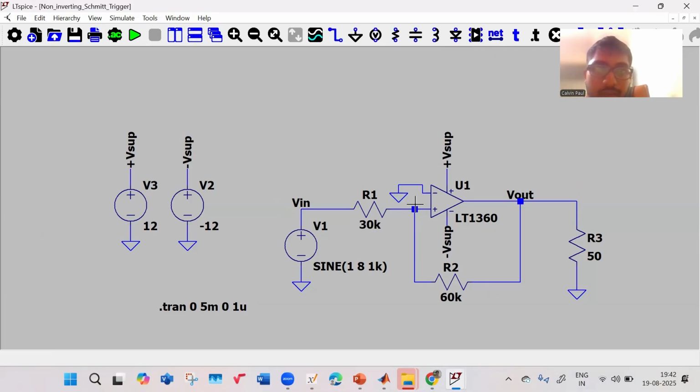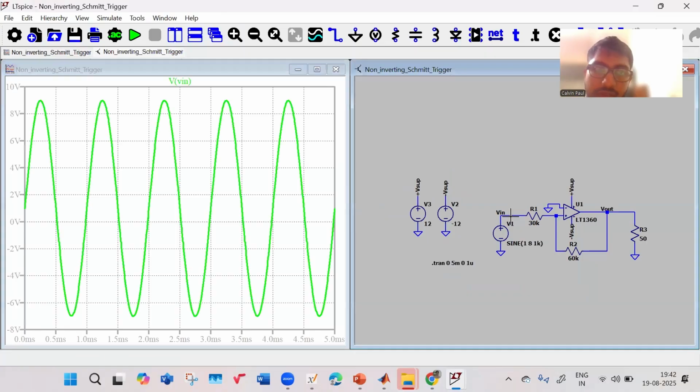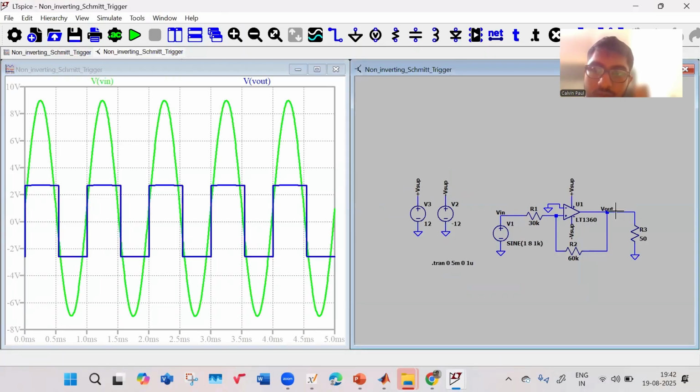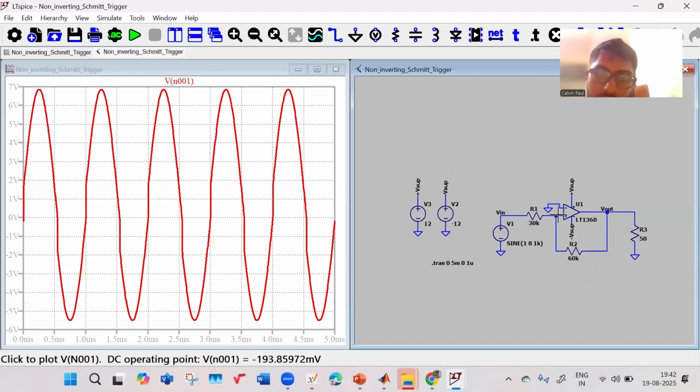And it will proceed like this. Simulate this also and see. This is my input. This is my output. The transitions are at these points.